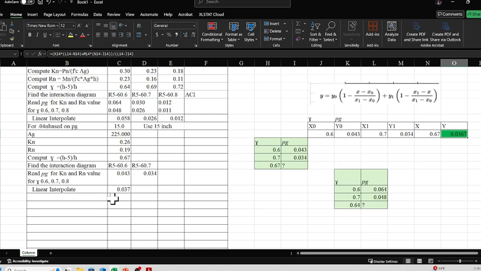The next step is to calculate the area of steel, right? And area of steel, AST, is equal, we know that, to rho G times AG.